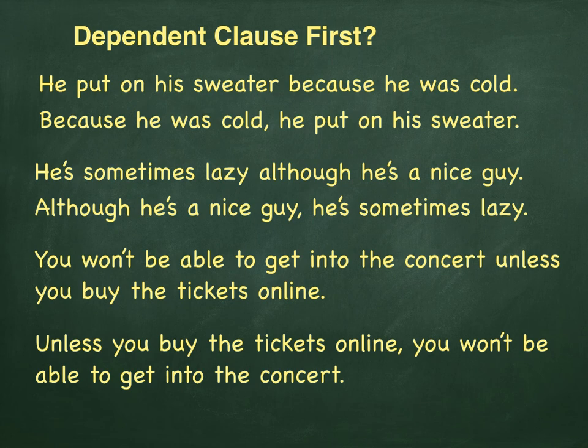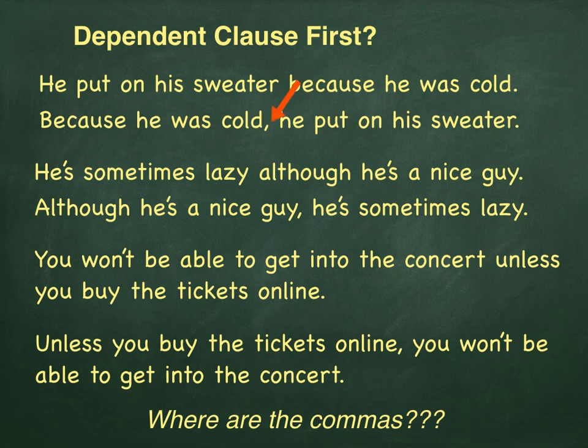Now comes a complicated point. If you look at these examples, there is a comma only when the main clause is first. In this case, it's important to put the comma there. It's easier to read and it's easier to hear.